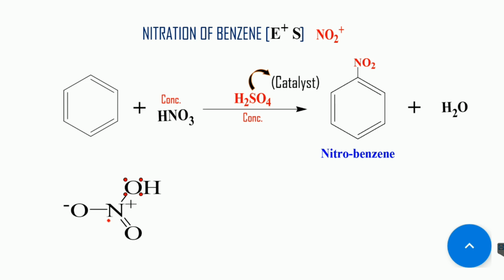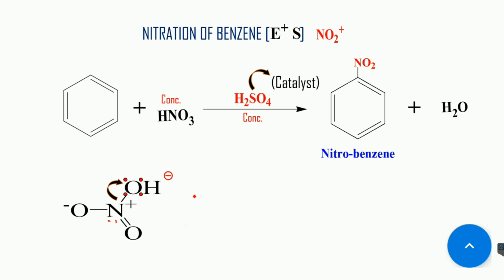So this lone pair is also attracted by this oxygen, and finally we get our NO2 plus, and this OH becomes negatively charged, like this.